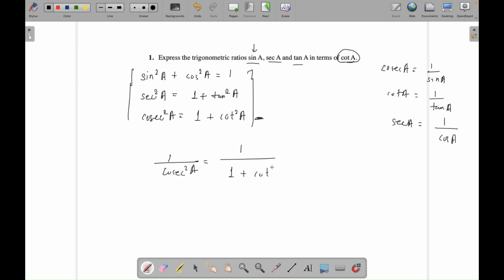And 1 upon cosec square A is sin square A. So we'll get sin square A is equal to 1 upon 1 plus cot square A, okay? And then sin A is equal to 1 upon root over 1 plus cot square A, plus minus, because it is coming out of the root.